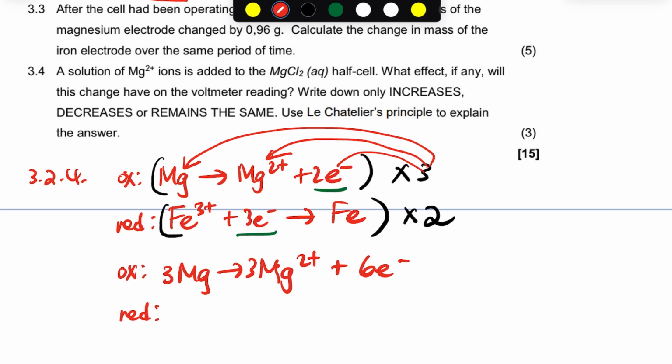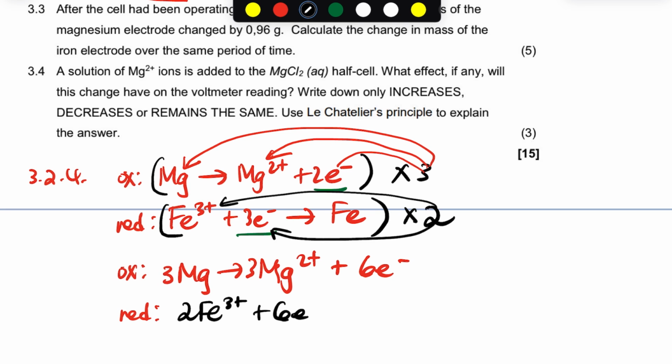And then the reduction, we times everything by 2, it's going to be 2Fe3+, and then this by 2 is 6 electrons arrow, and then 2 times this is going to be 2Fe, right?